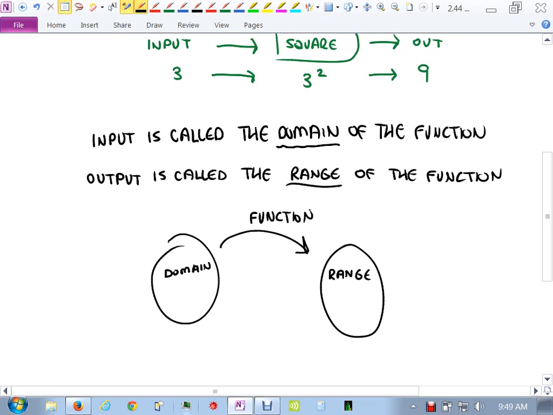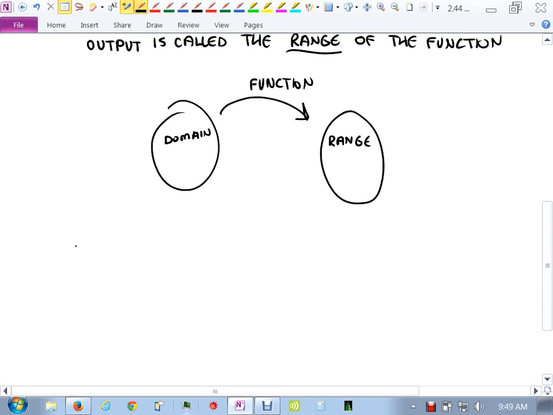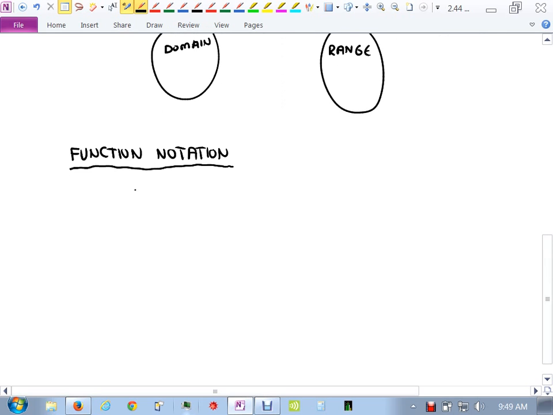Now we need to get some notation established, all right? So we're going to move on to notation. Function notation. Normally when we write a function, we use the letter F. Y'all seen that before?